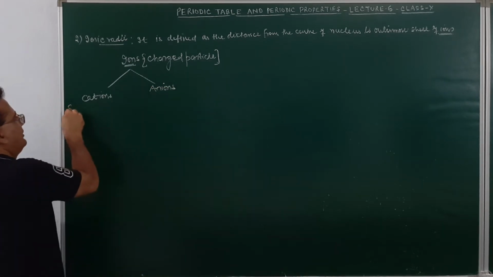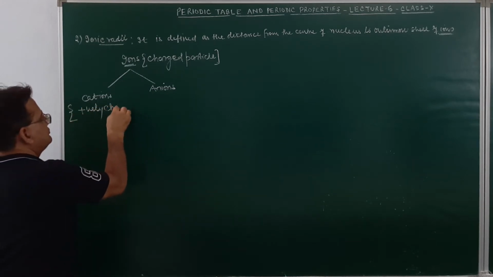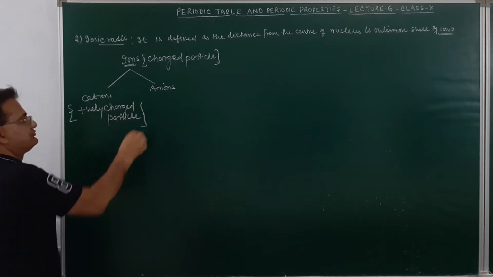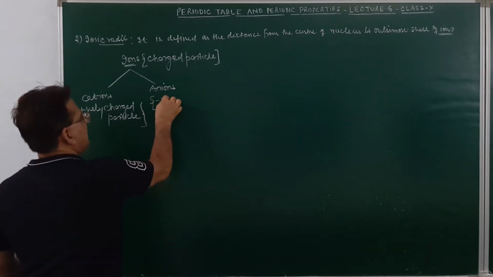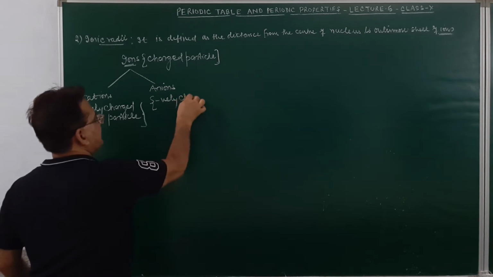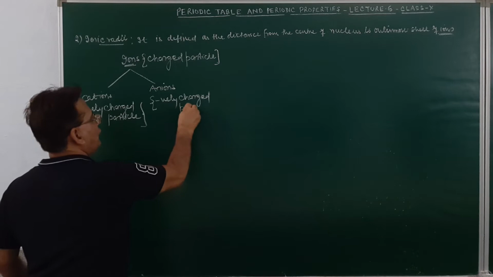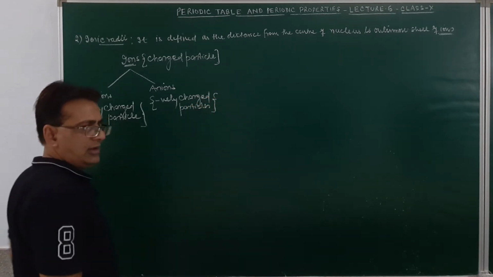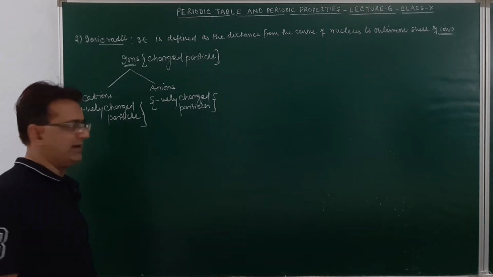Cations are positively charged particles, whereas the anions are negatively charged particles. Am I clear? What are ions? These are the charged particles. They may be cations or they may be anions.